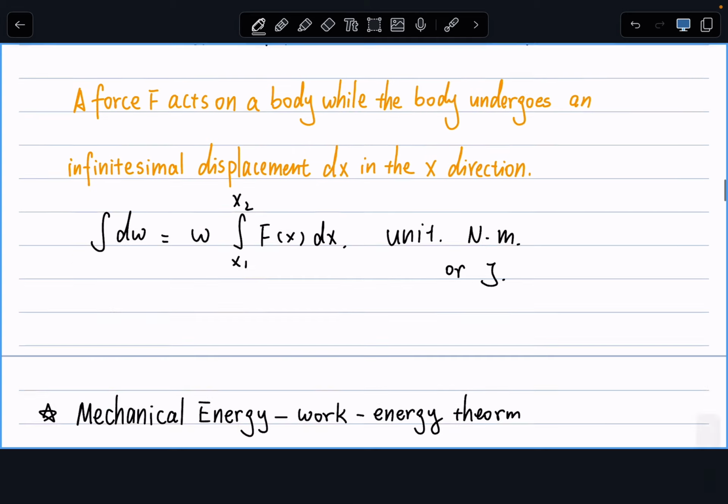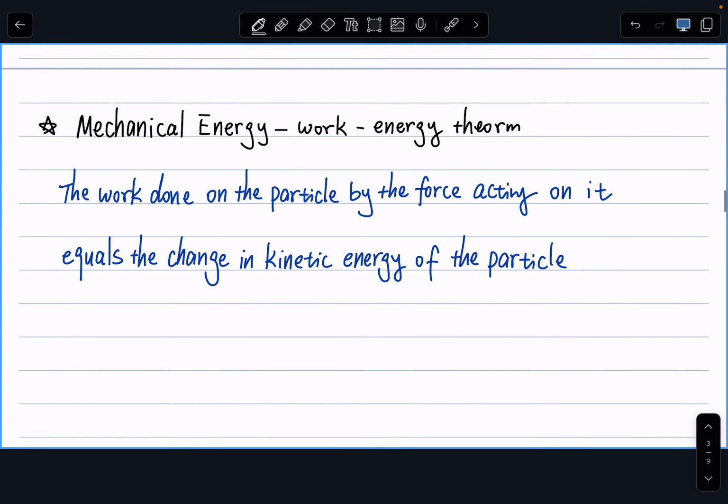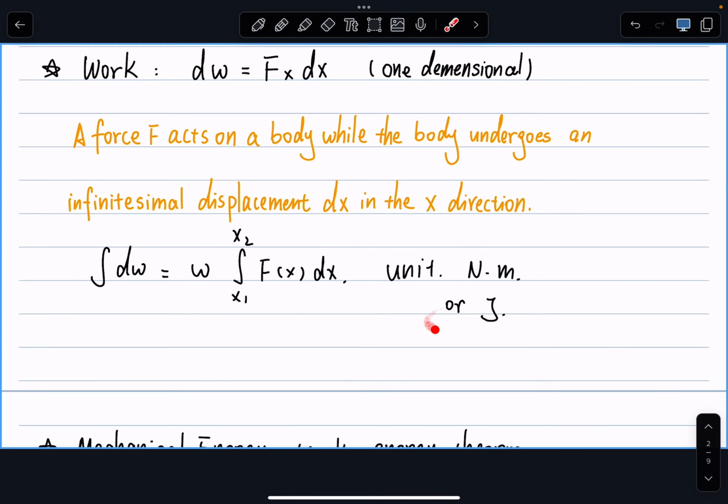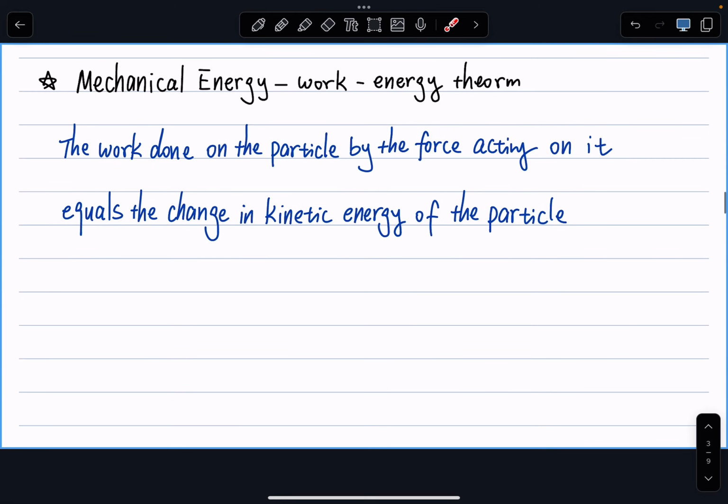And then we have our energy. Since work has a unit of joule, it's somehow related to energy, or vice versa. Work is definitely related to energy, but how exactly? That goes to our mechanical energy, which is the work-energy theorem, focusing on kinetic energy.